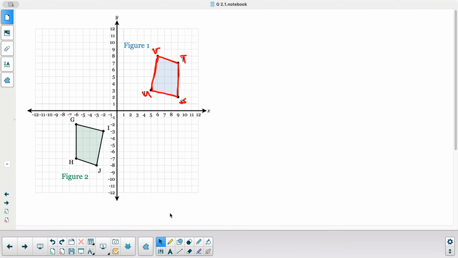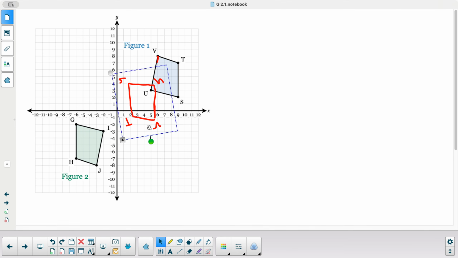All right, so looks like I'm probably going to need to do a reflection here and a rotation or something. So let's see if I can.